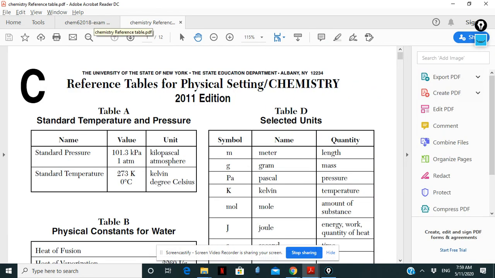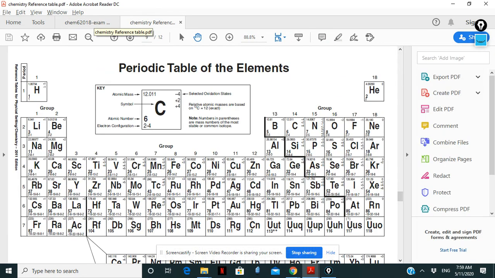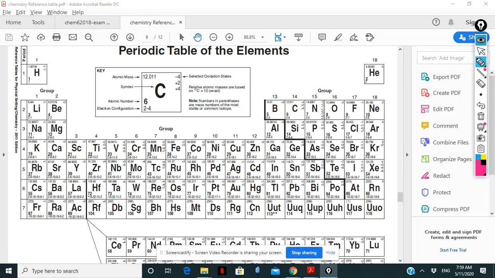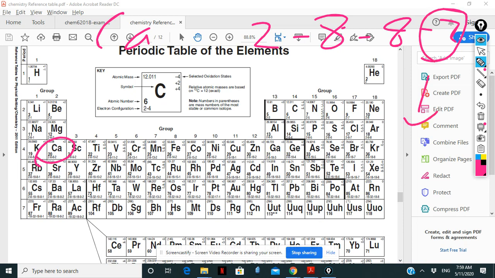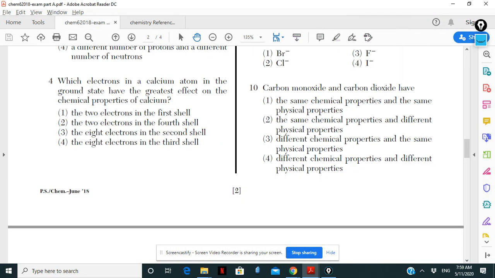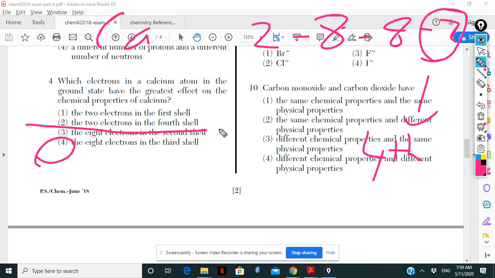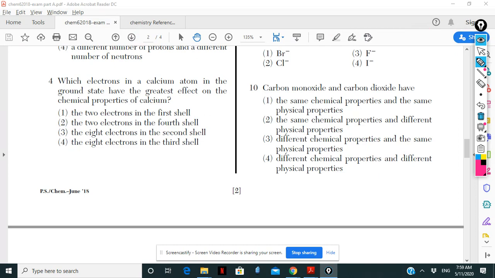I go to the reference sheet, page 9. Calcium here is 2, 8, 8, 2. That's the calcium. So now the valence shell is the fourth shell. It has 2 electrons in the fourth shell because that is the valence shell.